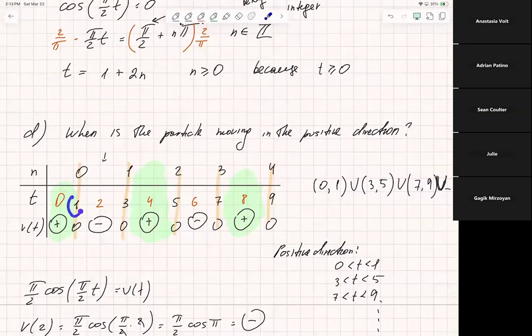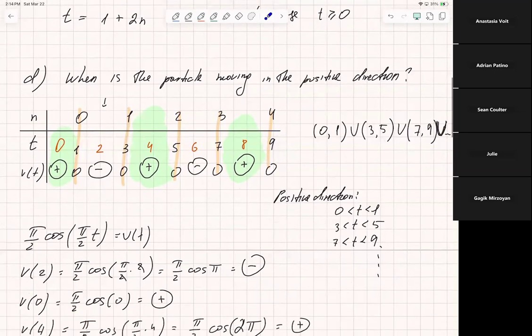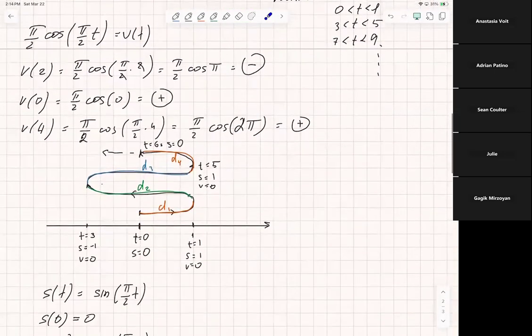And this is exactly when we have time 1, time 3, time 5, time 7, and 9 seconds. So 9 and 7 we don't need. We need only to check 1, 3, 5, and 6, since 6 is the final point that we need to calculate the distance, right?